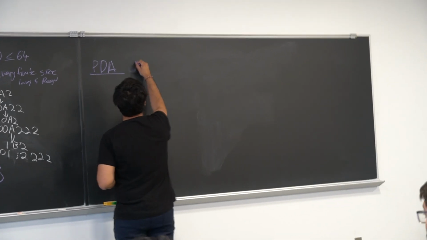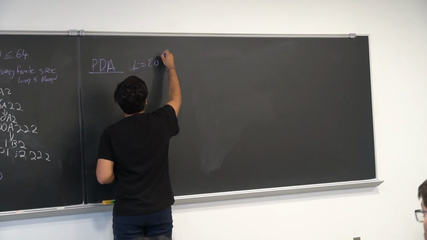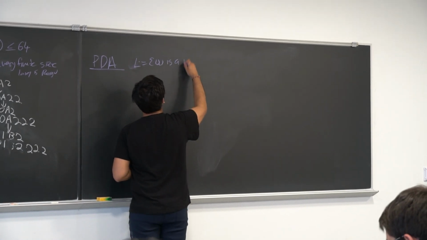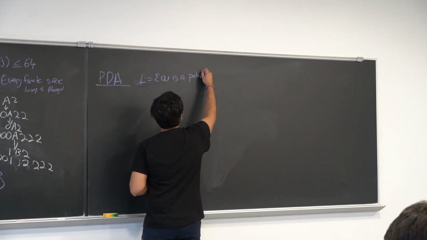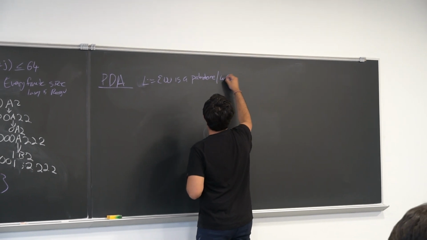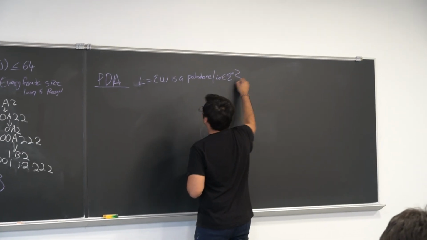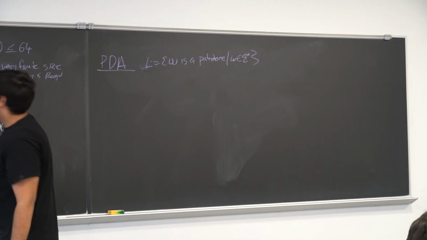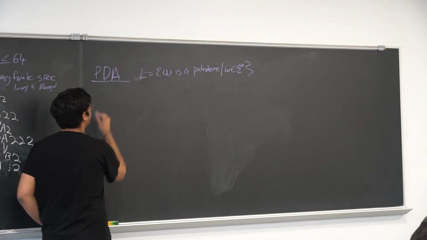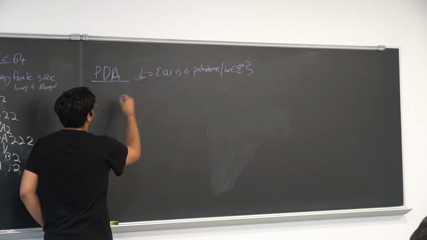Okay, cool. So we'll take the language L, where W is a palindrome and W belongs to sigma star. So let's write out the context-free grammar for this before we actually build out the push-down automata.